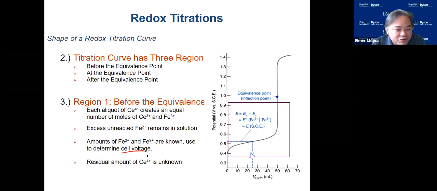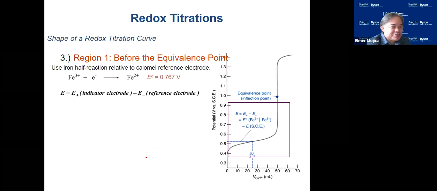Now the thing is, you don't know how much of the unreacted Ce4+ remains. That's what we call the residual amount. And if you look at the reaction before the equivalence point, we can use the iron half reaction relative to the calomel reference electrode.